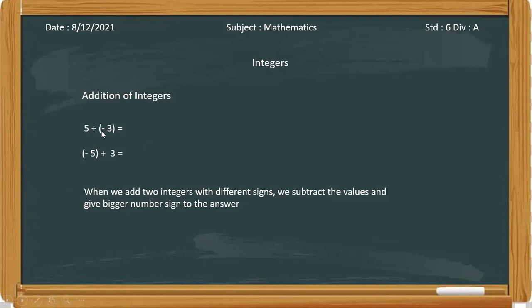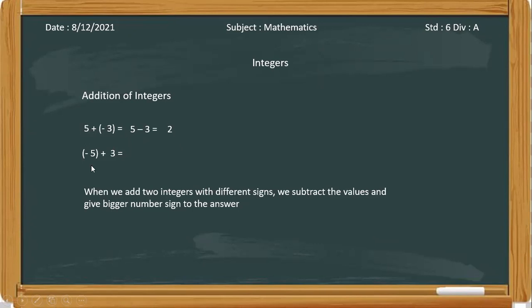We will move to the first one, which is 5 plus -3. So we have to add 5 and -3. What are we going to do? We are just going to subtract the values. 5 minus 3 is what? 2. We will get 2. And what is the sign of the bigger number?